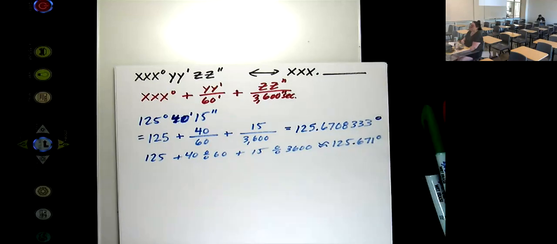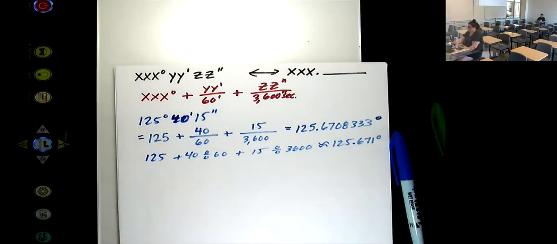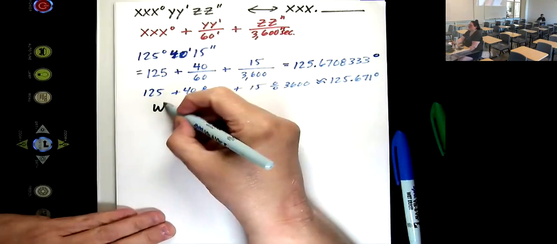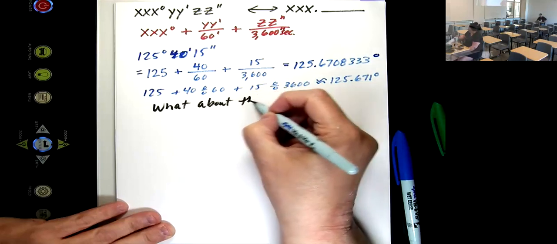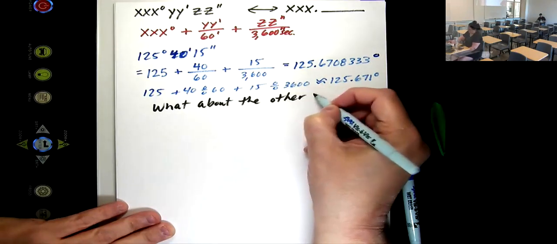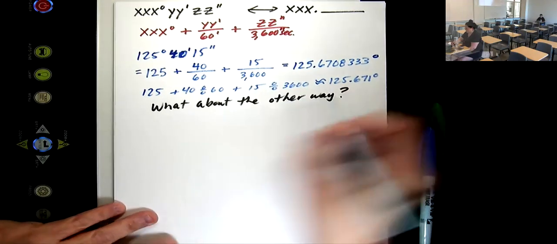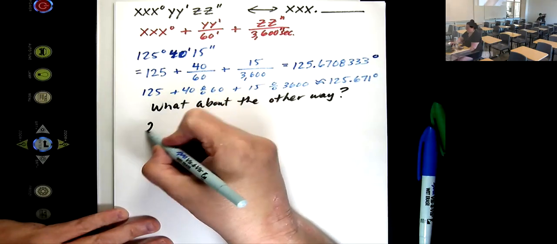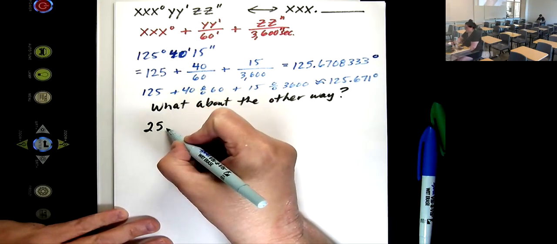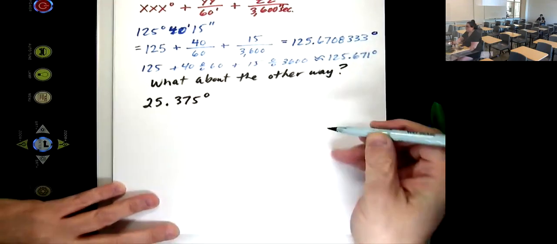What about going the other direction? Which seems to me to be the less useful method. So let's say we start off with 25.375 degrees.